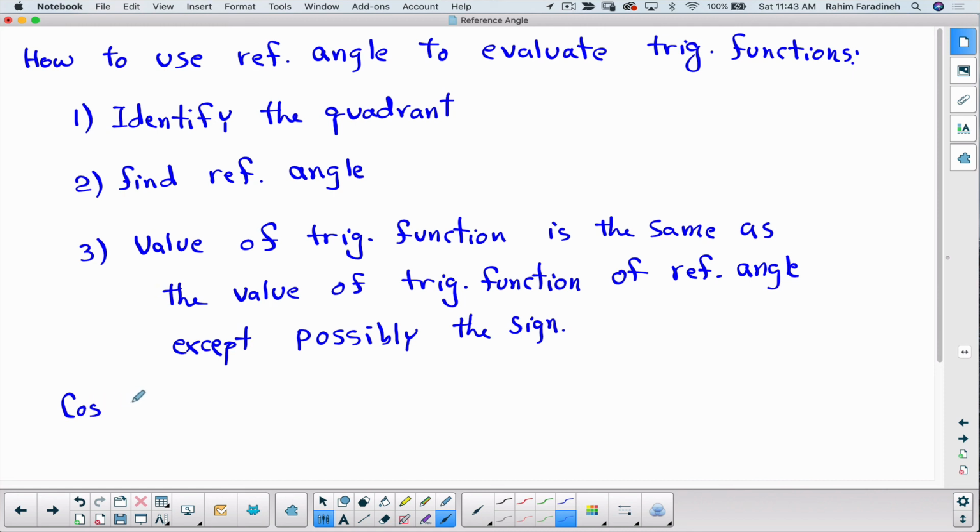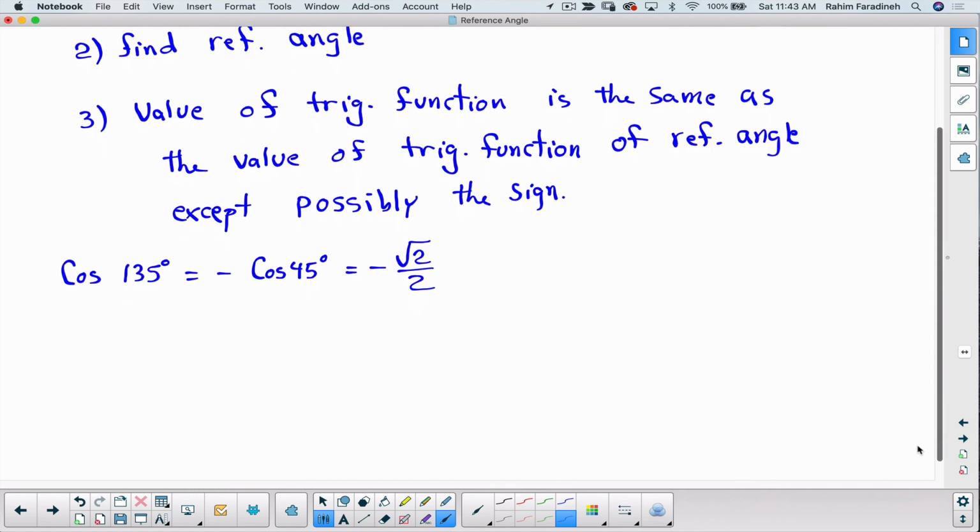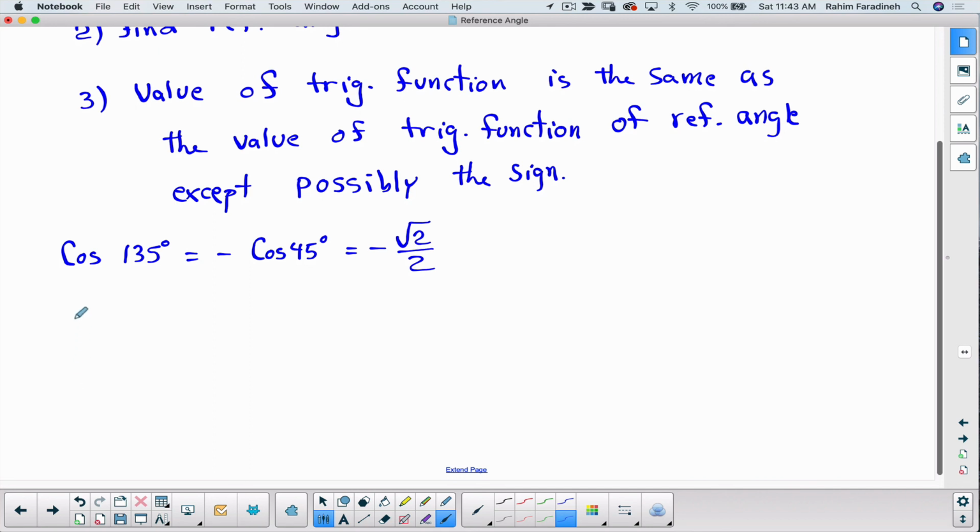For example, I want to find cosine of 135 degrees. The reference angle for 135 degrees is 45 degrees. But in the second quadrant, cosine is negative. So the final answer for this would be negative radical 2 over 2. Now let's say I want to find sine of 5 pi over 3.